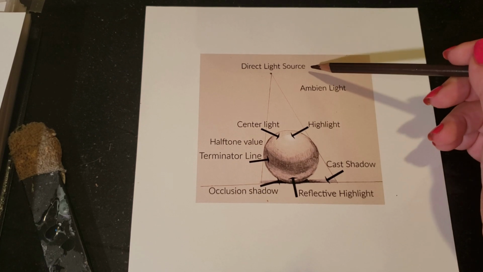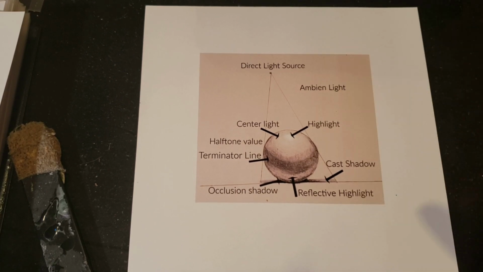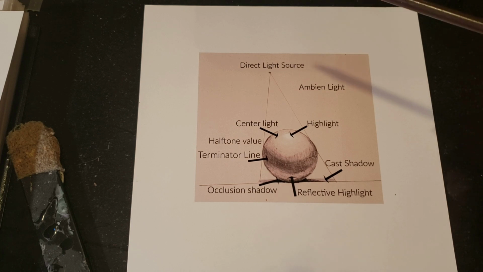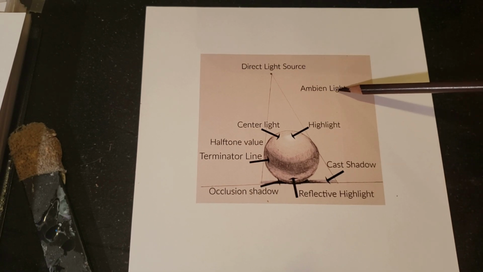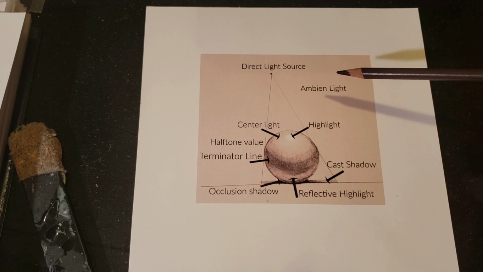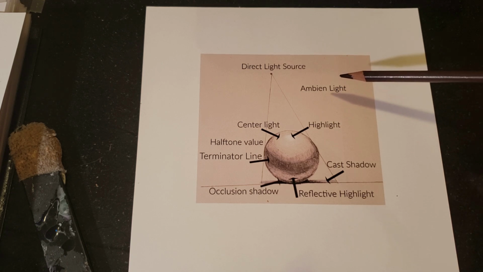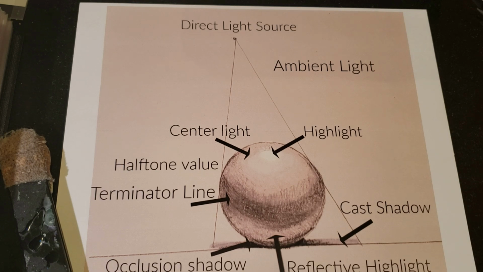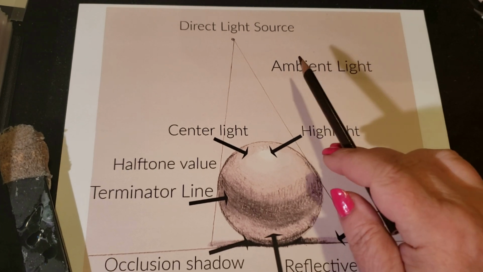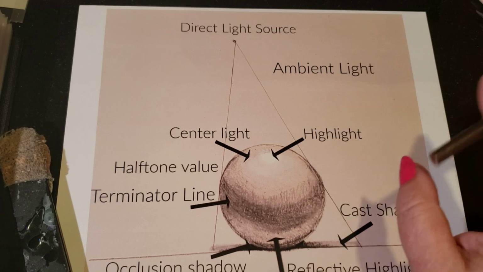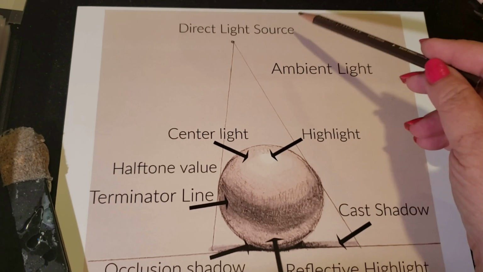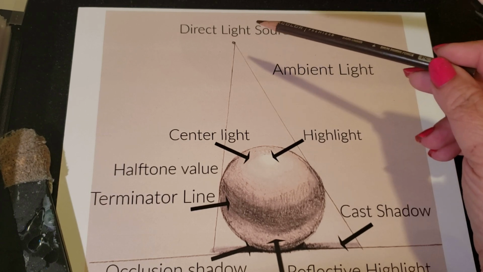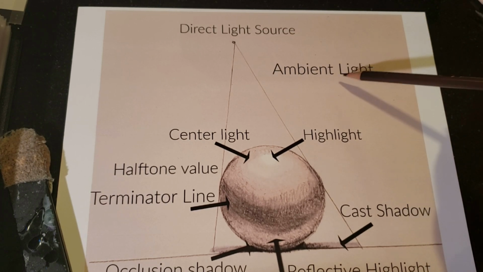First thing we're going to talk about is lighting in general, okay? You have two different types of lighting: direct source lighting and ambient lighting. Let me start this again. One is your direct source and one is your ambient light.